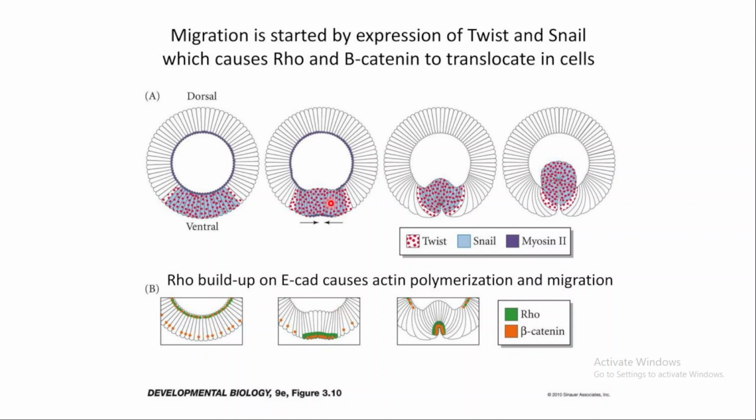But when twist and snail expression occurs in the domain of myosin 2 expression, we also have Rho and beta catenin expression, and Rho expression is lost from the basal side, and it couples with the beta catenin, and then this migration can happen with the apical side having Rho and beta catenin expression.